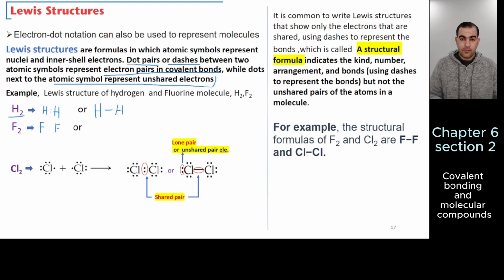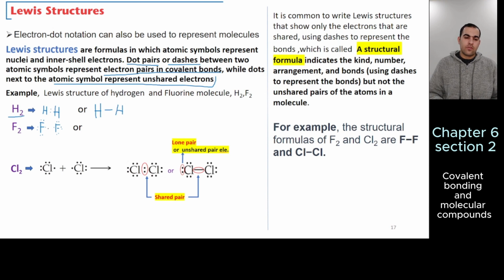Fluorine is in group 17, which will be given in the exam, which means 7 valence electrons: 1, 2, 3, 4, 5, 6, 7. There are 3 pairs, okay?